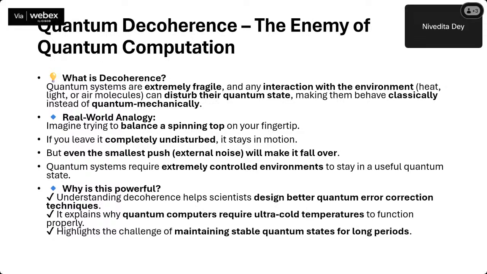And as a researcher, you have to think about it so that your greatest enemy, decoherence, has minimum effect in real time while you are computing something. It should not be able to manipulate your system. So you have to be manipulative with the algorithm itself so that decoherence doesn't come into the picture. Right.